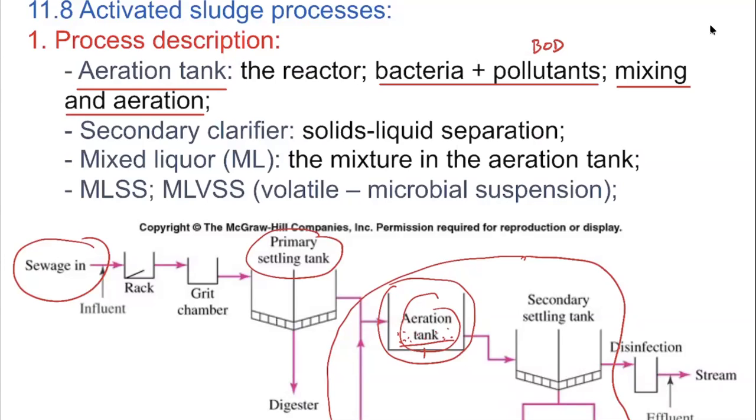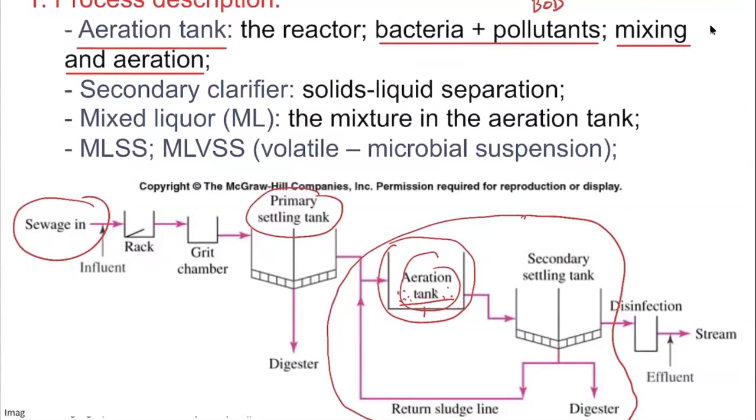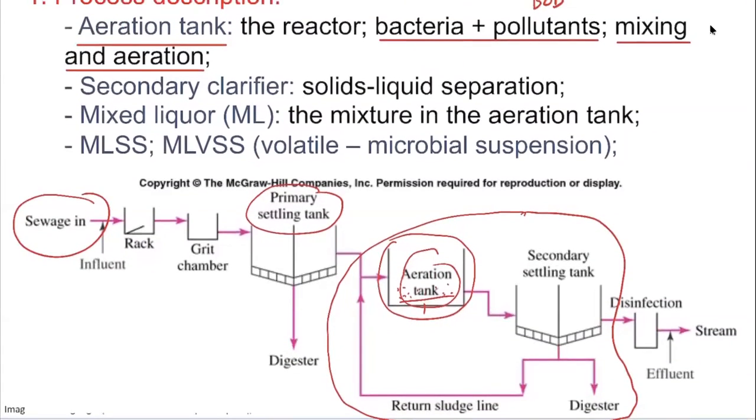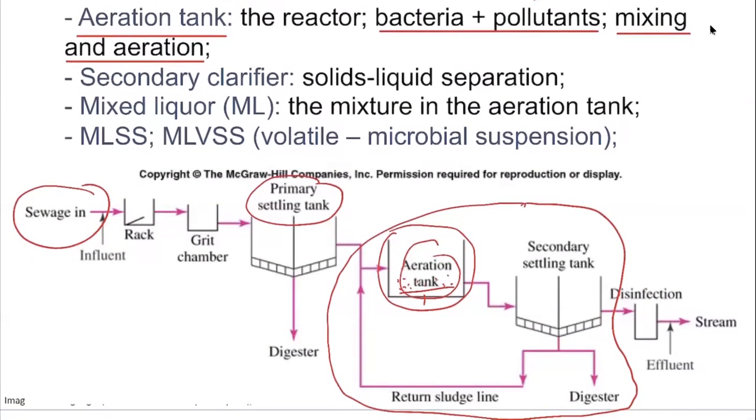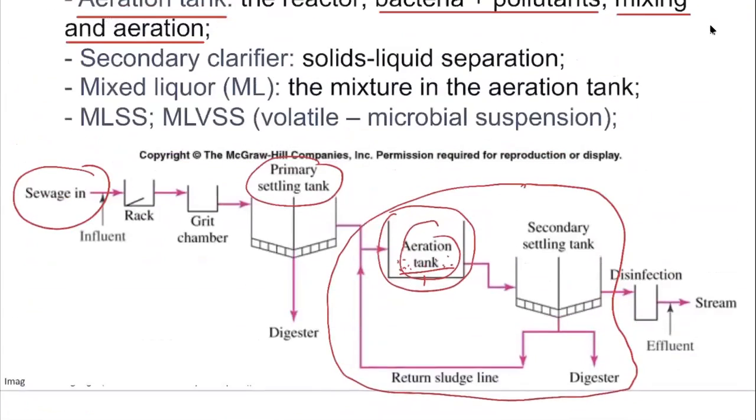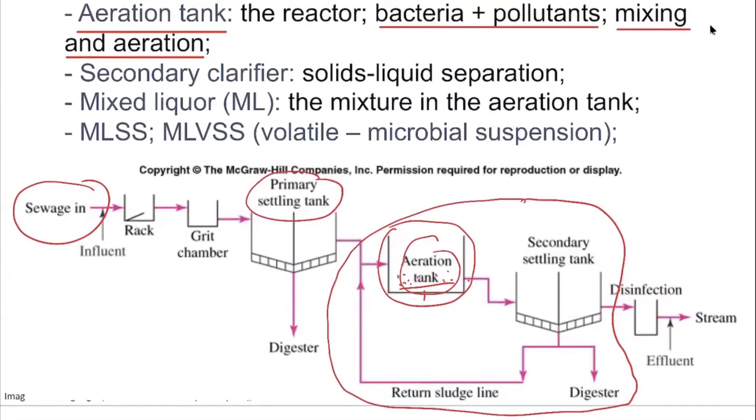In terms of the second stage of this secondary treatment, we have the secondary clarifier, which is downstream of this aeration tank. The reason why we need to set up this secondary clarifier or secondary settling tank is that while the bacteria are growing here, they're going to form aggregates. Let's say this is a single bacterium floating in the organics, right?